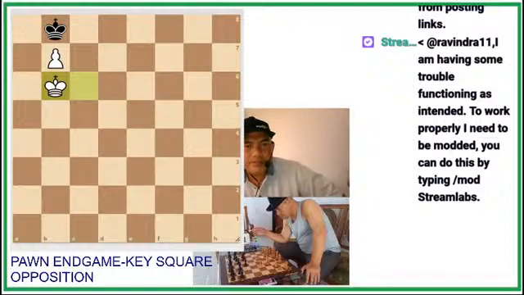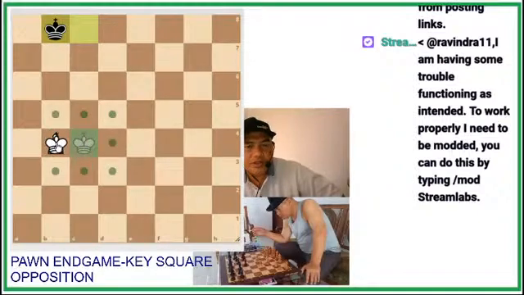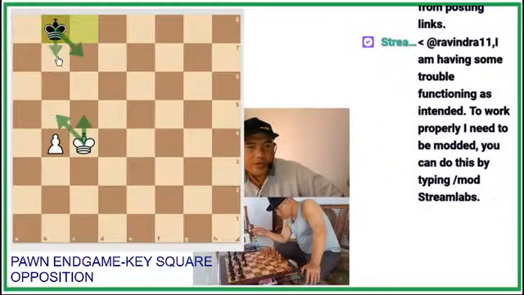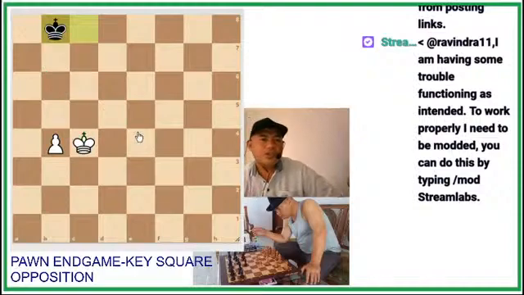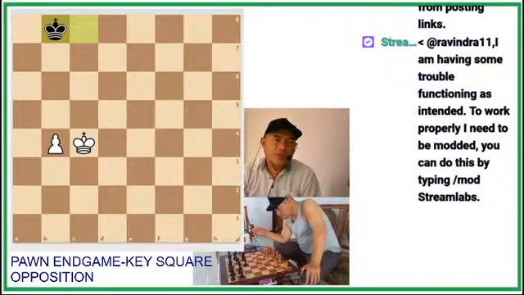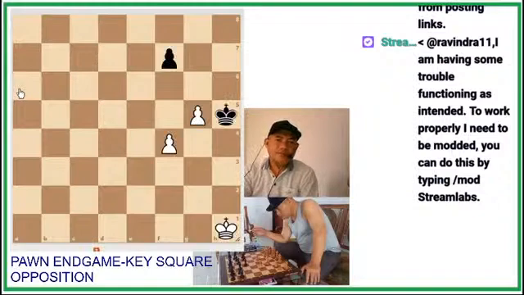Okay, so the best move for black is to go here, and white can have the opposition. So he has to go here or here. If he goes here, then we go here, have the opposition. If he goes here, black goes here and has the opposition. The distant opposition. Okay.